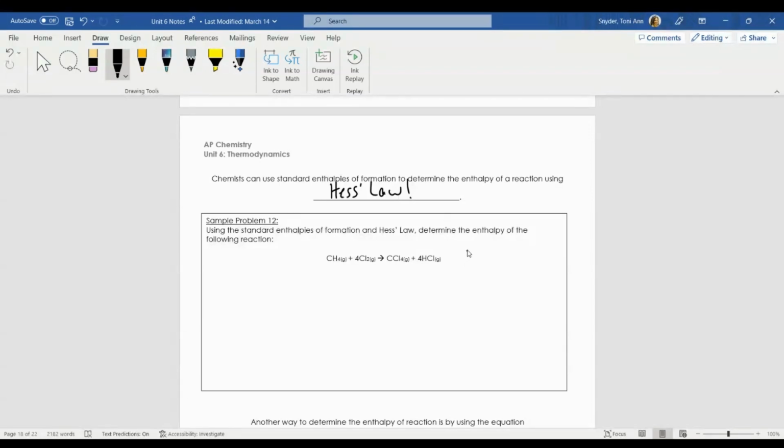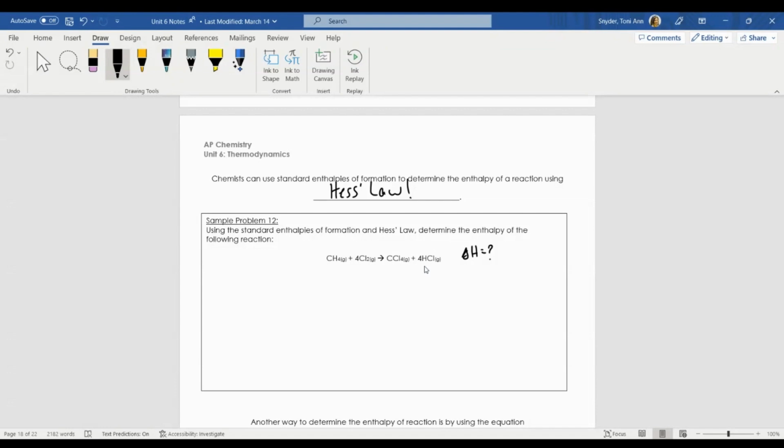So we want to know what's delta H for this reaction right here. And what we can do, by looking at a chart that lists the standard enthalpies of formation, is determine the delta H of formation for this, for that, and that, and that.